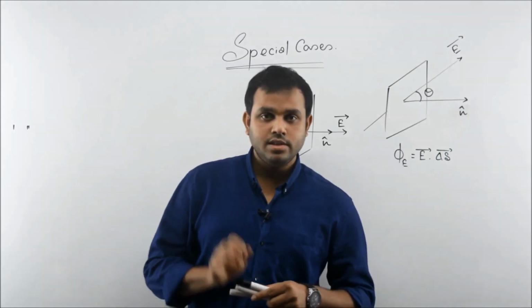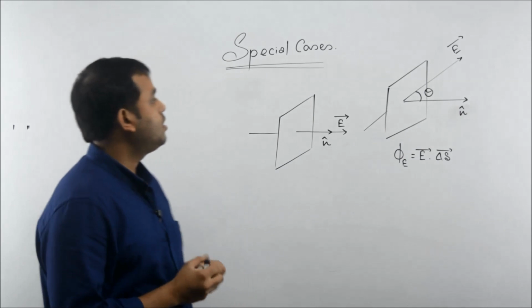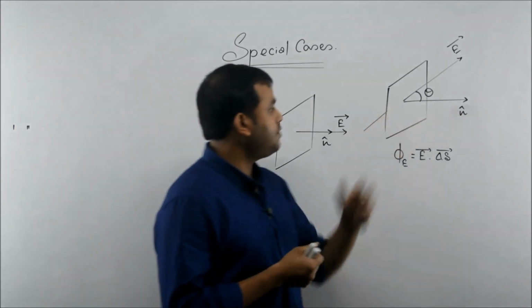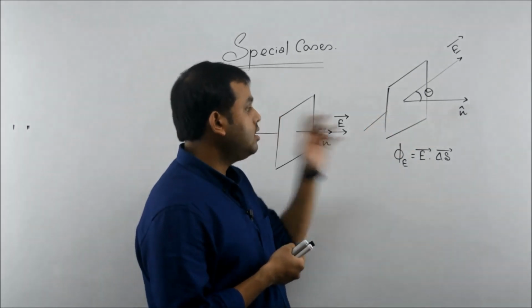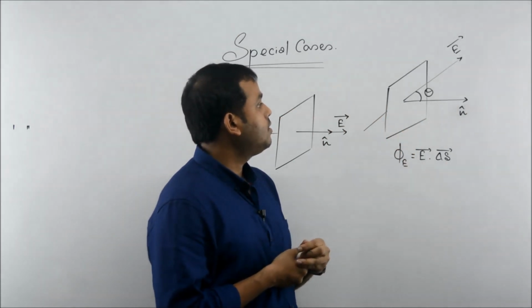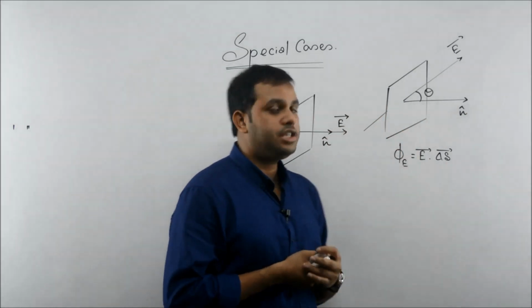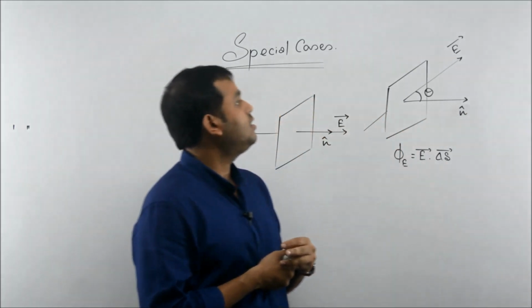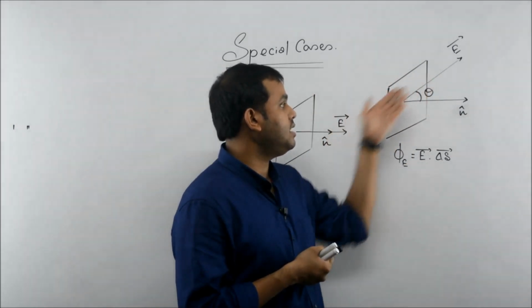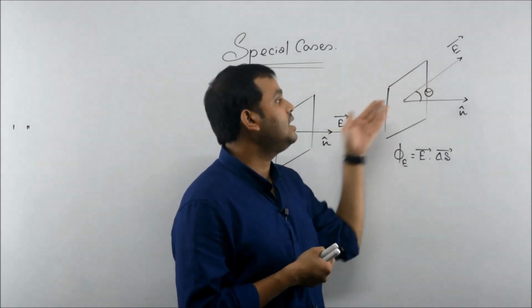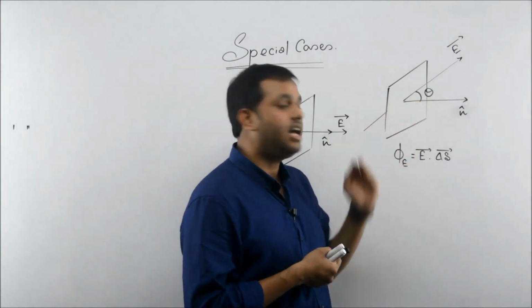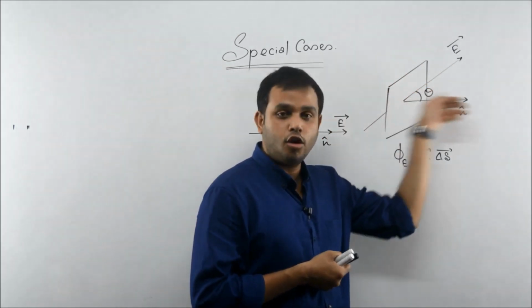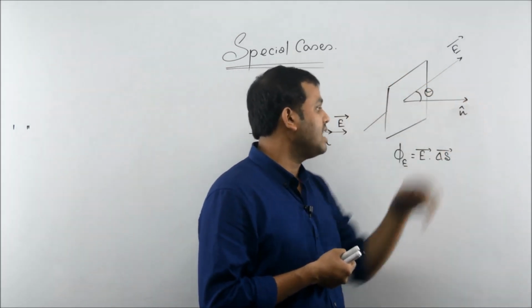Now students, we will see some special cases. So this is the case that we have seen already, where a planar area is placed in a region of uniform electric field, where electric field is passing through that area, making an angle theta with the direction of normal, or you can say with the direction of area vector.